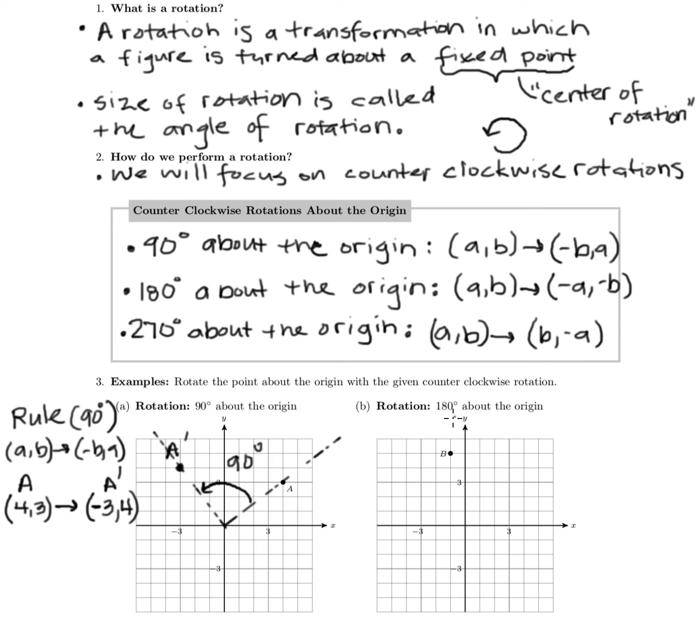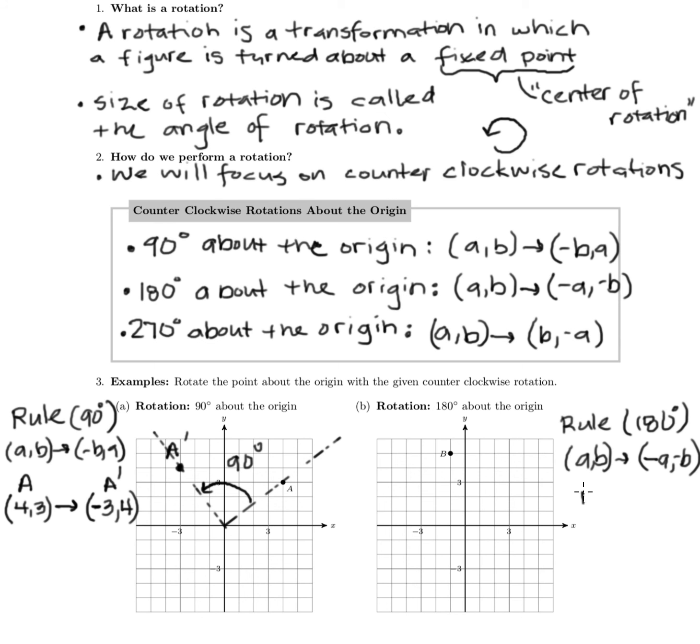Problem B: rotate point B 180 degrees about the origin. The first thing, again, is to write down the rule. The rule for the 180-degree rotation is to take the ordered pair A comma B and rotate it so that your y-coordinate becomes negative B, and your x-coordinate becomes negative A. So we take the opposite of x and the opposite of y.